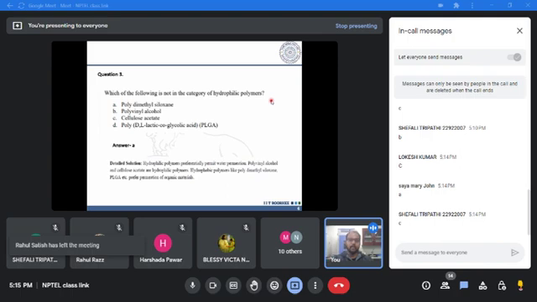So hydrophilic polymers permit water penetration or permeation, whereas polydimethylsiloxane is hydrophobic. It doesn't allow water or aqueous solution to permeate through the matrix. So the answer is A, PDMS or polydimethyl siloxane.